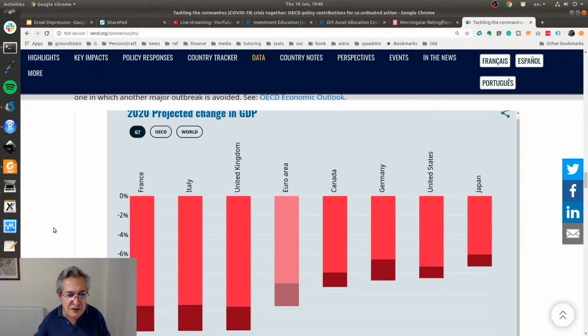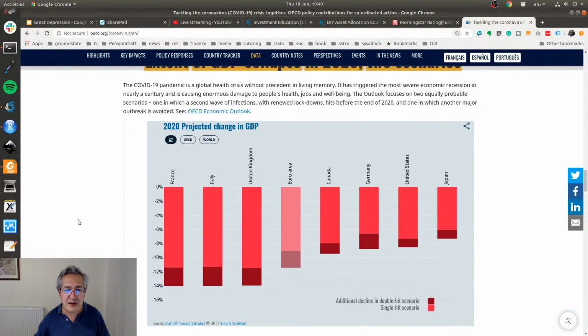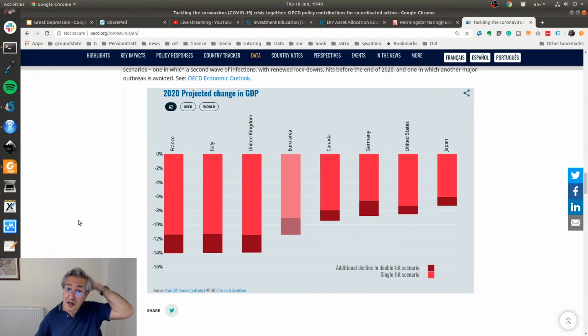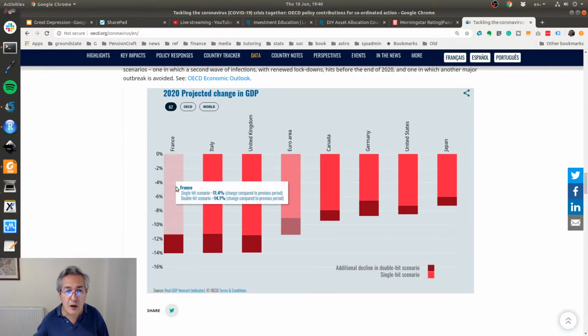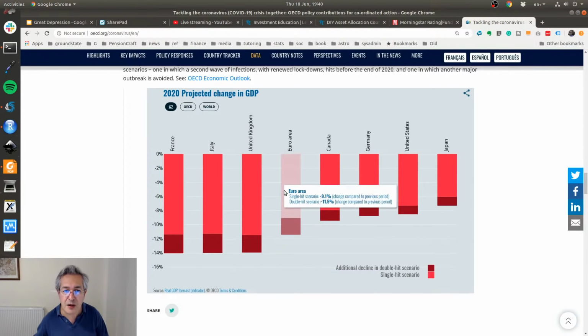Because I've just been looking at this because I was making a video. So, yeah, let me just see the effect. Here we go. Let me just share my screen so you can see this. Otherwise, I've got no idea what I'm talking about. Right, so this is a forecast from the OECD of the GDP impact from COVID.